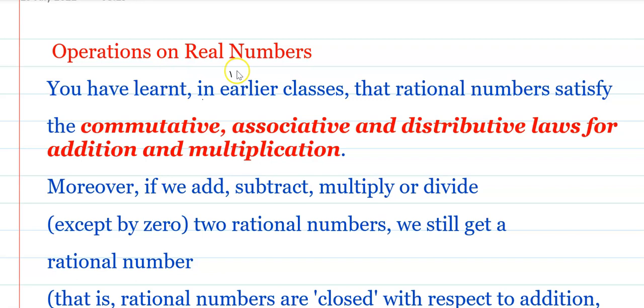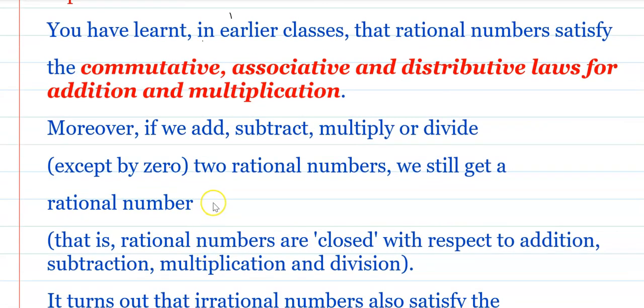Operations on real numbers. You have learned in earlier classes that rational numbers satisfy the commutative, associative and distributive laws for addition and multiplication. Moreover, if we add, subtract, multiply or divide (except by 0) two rational numbers, we still get a rational number.